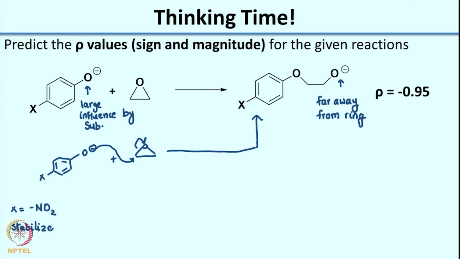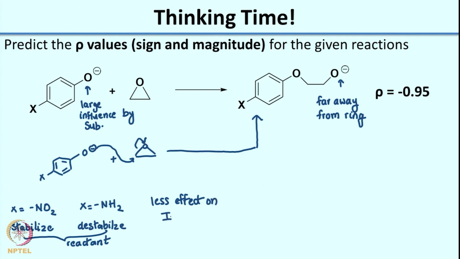If I have X is equal to NH2 or OMe, it will destabilize my reactant. Less effect on the intermediate because it is far away, we saw that, right.